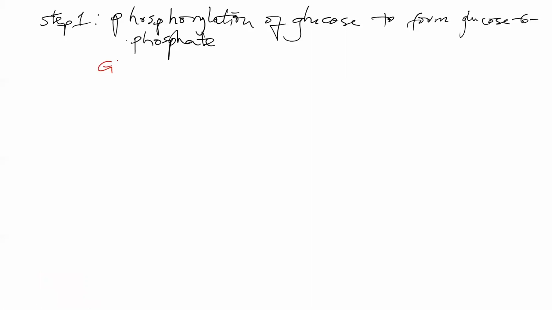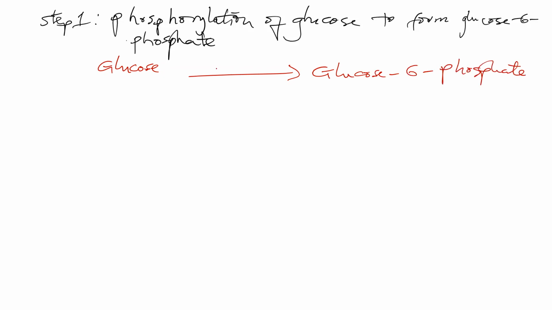So we have glucose being converted to glucose 6-phosphate. So we are adding ATP. We are getting ATP plus. The enzyme that is involved is hexokinase. A kinase enzyme.